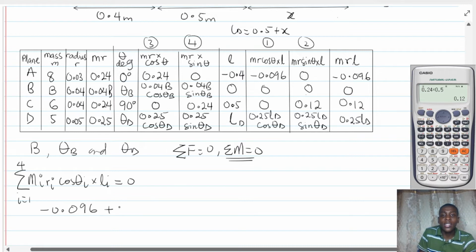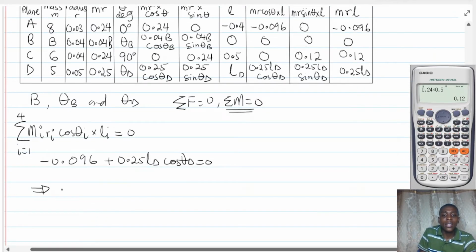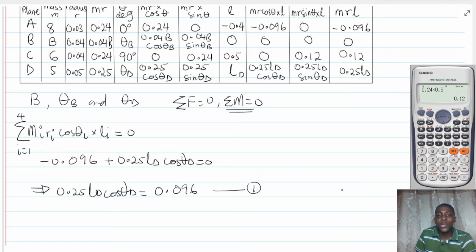So I can say that this plus 0.25 LD cosine theta d is 0. So from here, 0.25 LD cosine theta d is equal to 0.096. Let's call this equation 1.